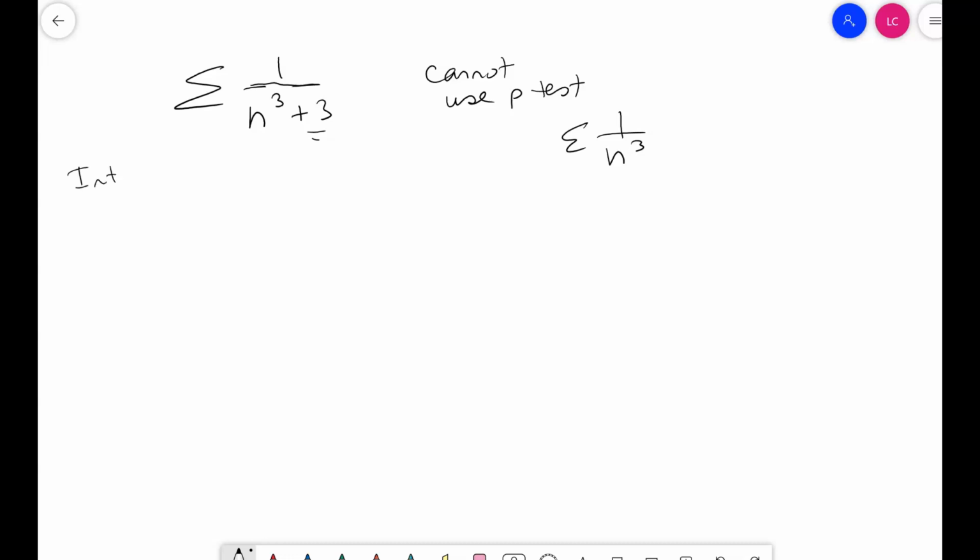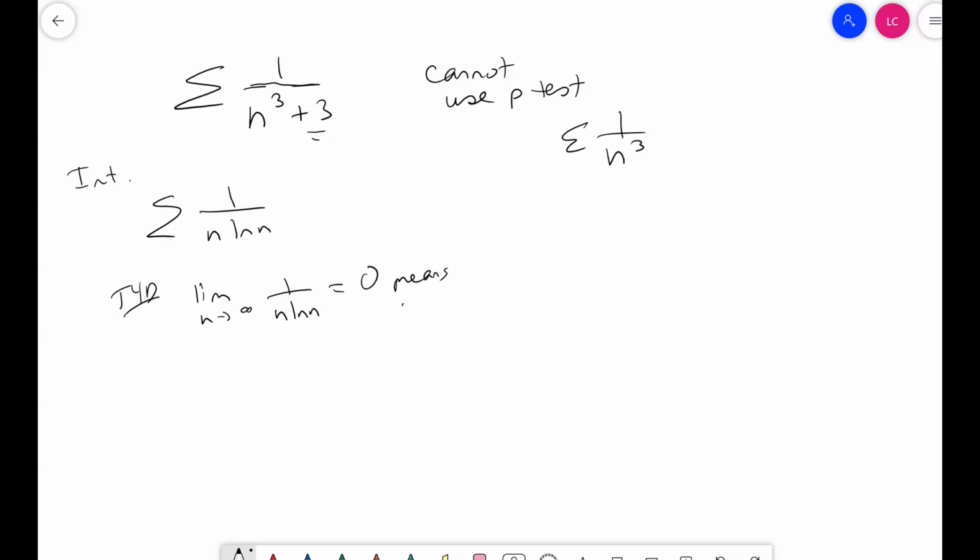So integral test is one of the tests that takes so long to use. So when do I want to use integral test? Well, when nothing else is working. Kind of like a T for D. So if I tried the T for D on this, let's just kind of go through the motions. If I tried taking the limit as n goes to infinity, I would get infinity times infinity in the denominator there. That's 1 over infinity. 1 over infinity is 0.